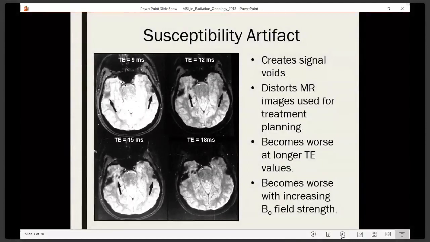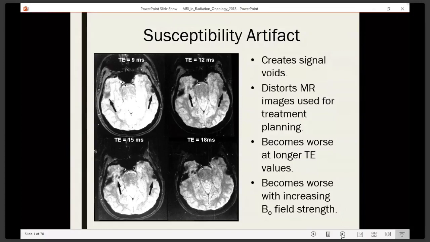I mentioned the patients produce artifacts themselves. This is an example of a susceptibility artifact that shows up in your gradient echo or gradient refocused echo and is due to phase errors that occur at regions where there's a large gradient produced by differences in magnetic susceptibility of the tissues. So here you can see the black arrows pointing to the temporal region of the brain, and that's because the temporal sinus is there.